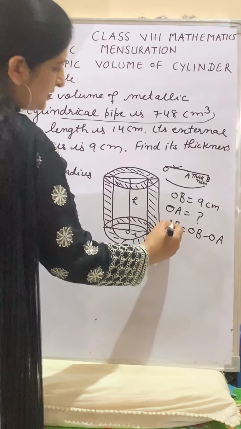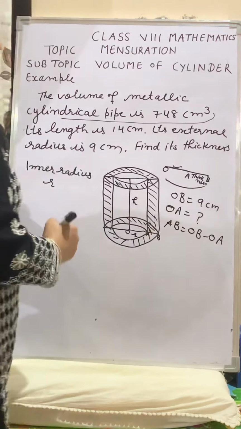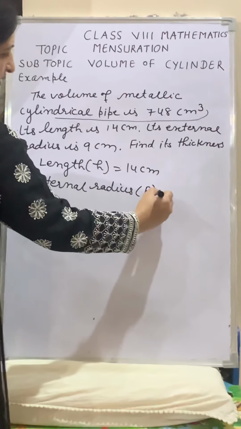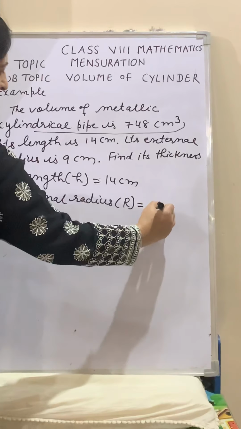It is the thickness of metal. Length is given, it means height is given, 14 centimeter. We denote external radius with capital R and inner radius with small r, 9 centimeter.